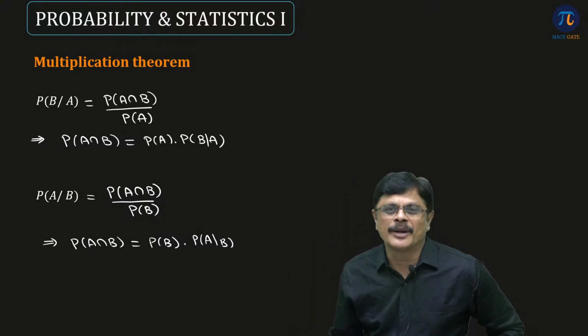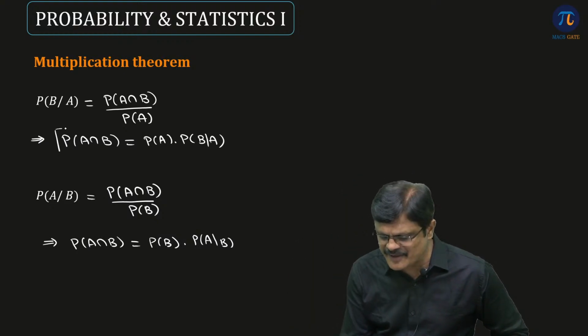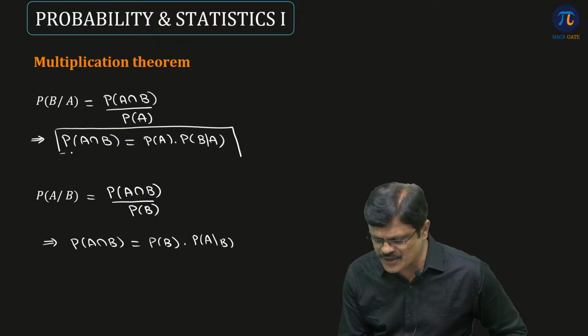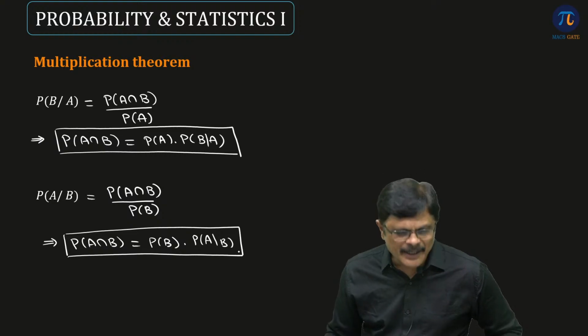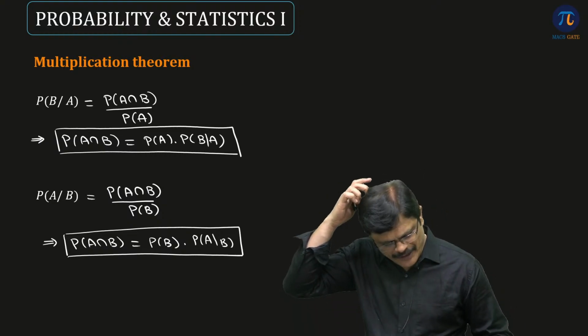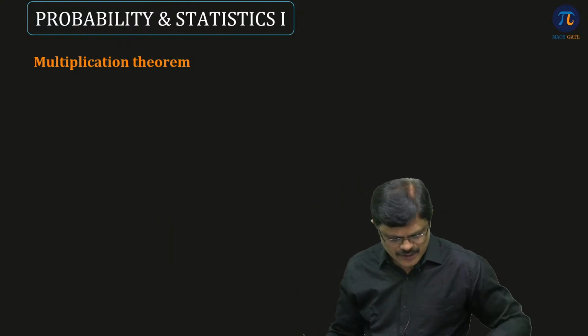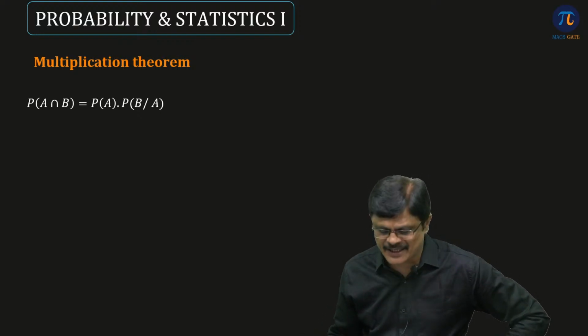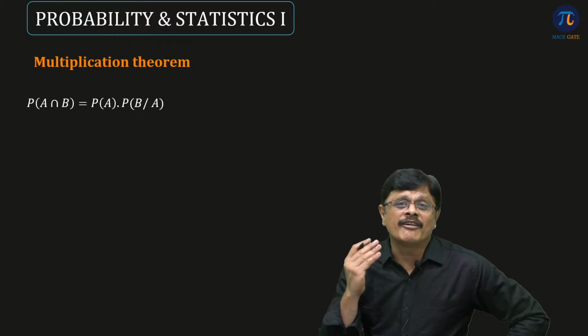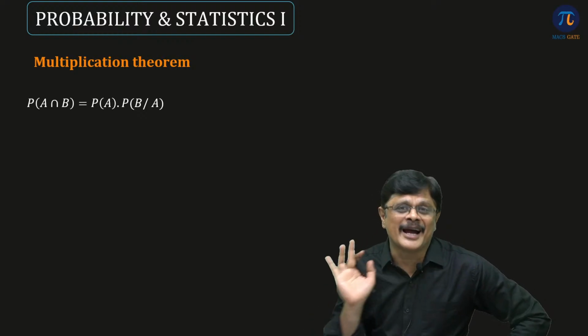So this is the formula, my dear friends, and this result which we have written is what is known as the multiplication theorem. Hope the idea is clear. So what is the multiplication theorem, sir? Probability of A intersection B is equal to probability of A into probability of B when A has already happened.